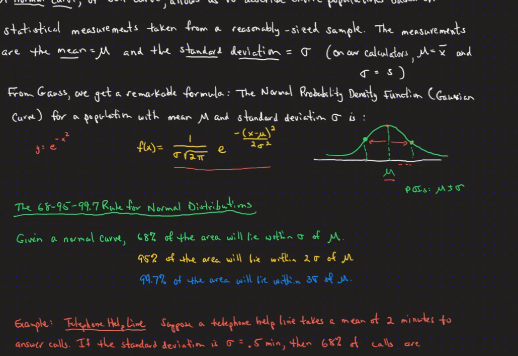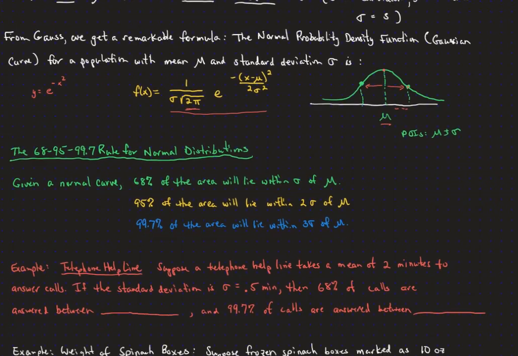And then depending on what the standard deviation is, it's going to either stretch or shrink where those inflection points are. And the 1 over square root of 2 pi makes sure that the area under that curve from negative infinity to infinity is 1, so that it is truly a probability distribution function.